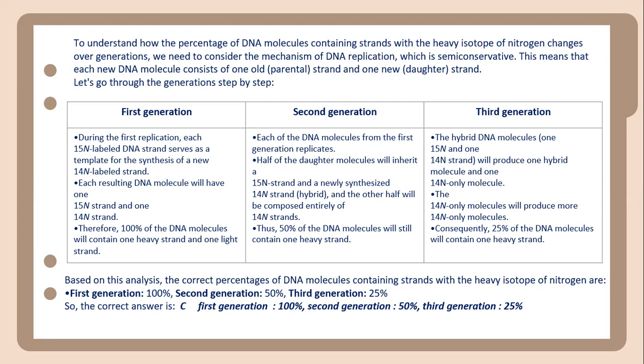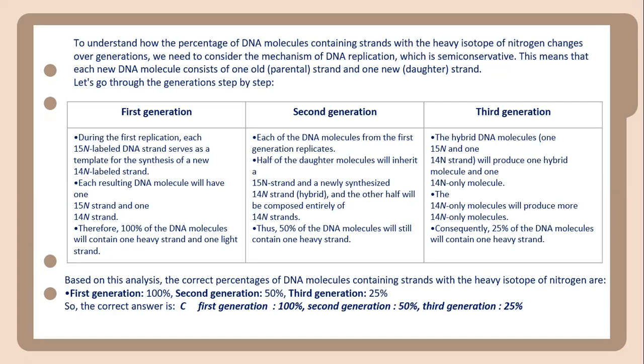And for the third generation, the hybrid DNA molecules, one 15N and one 14N strand, will produce one hybrid molecule and one 14N-only molecule.